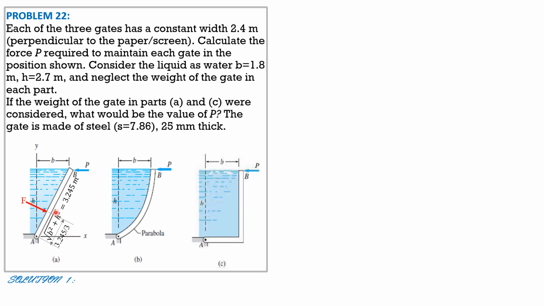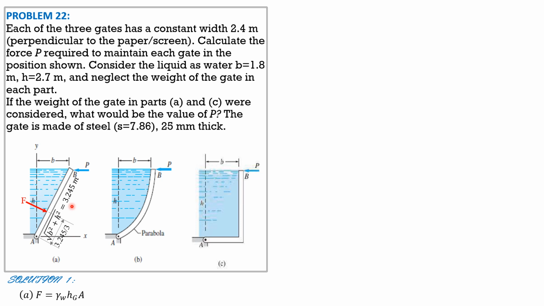So F is equal to specific weight times barred H times area. I denote barred H as HG here, the distance to the centroid from the water surface exposed to 0 pressure. Then the area of the gate is the length of the gate times the width perpendicular to the board, which is 2.4.